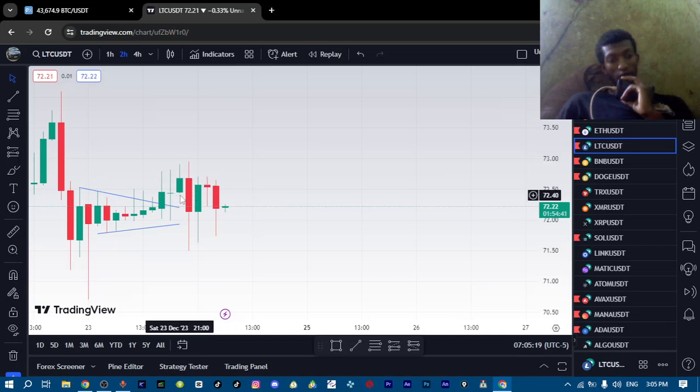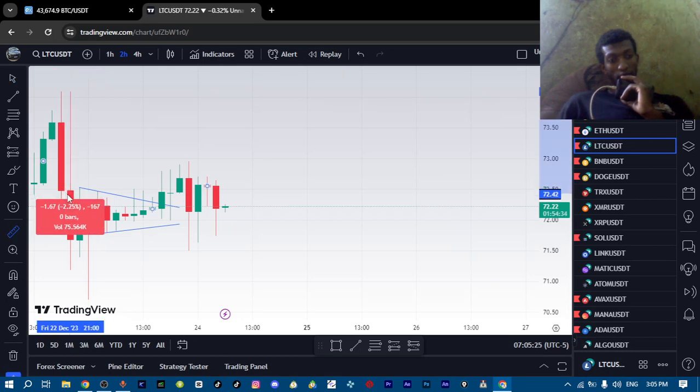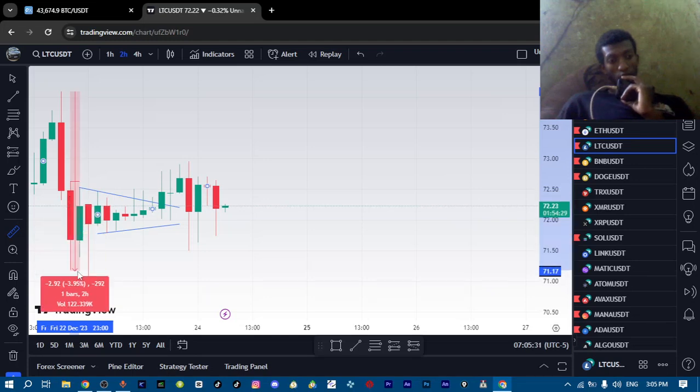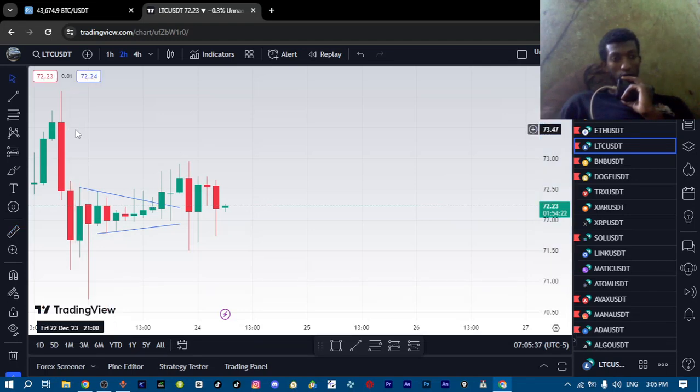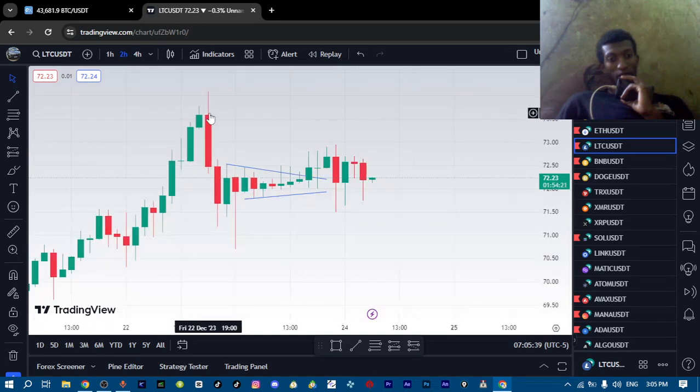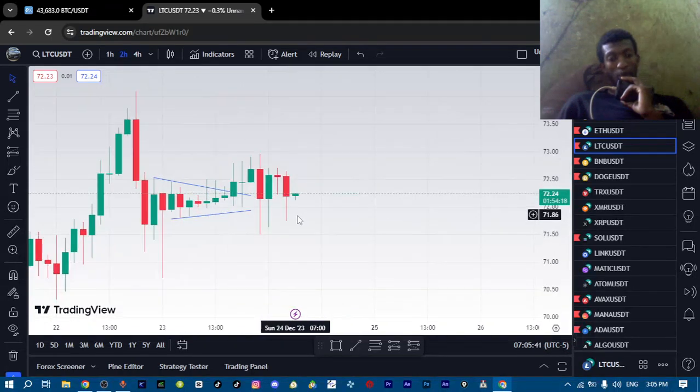This is 2 hour, which means this big candle represents a huge pip. As you can see, it is 167. If you project it all the way down, it is around 290, almost 300 points. So it is a lot of pips.